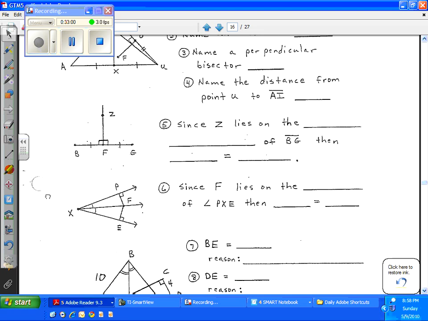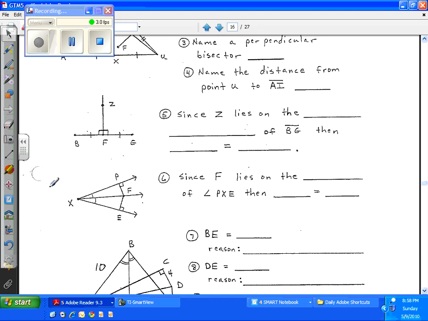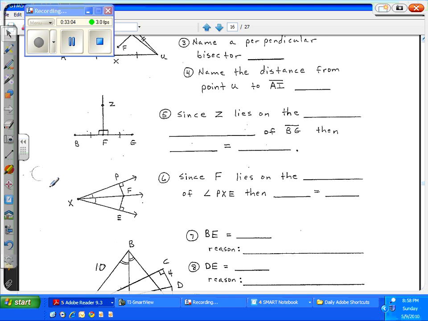Since Z lies on the what? Well, what does Z lie on? This thing, ZF. Well, Z lies on ZF. Well, what is ZF? ZF is a perpendicular bisector of BG.